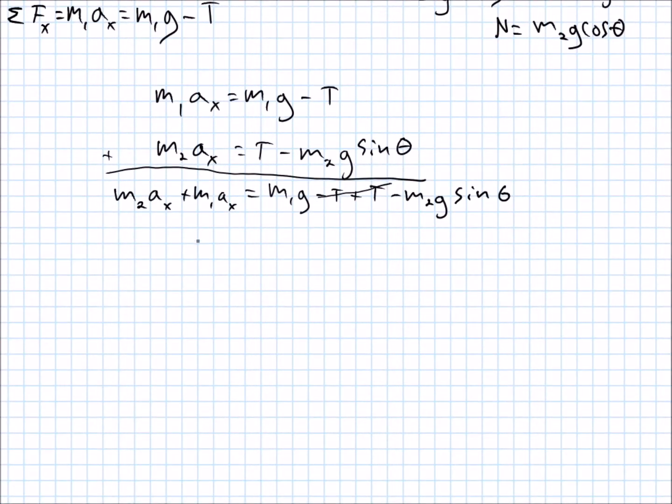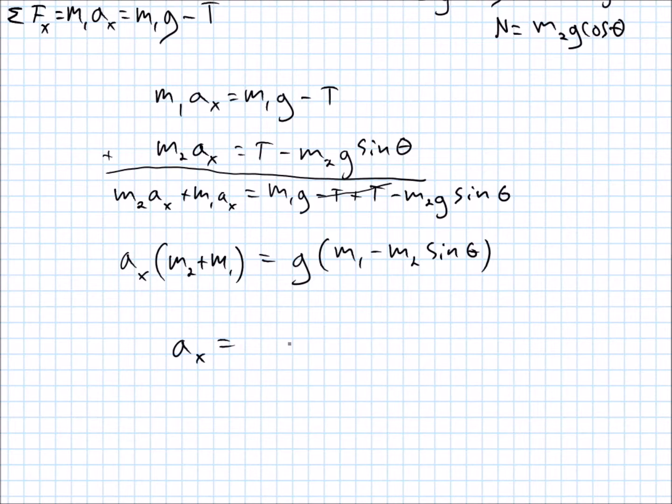And so to solve for acceleration, I will factor out the acceleration. And while I'm at it, I suppose I'll factor out the g on the other side. Dividing over that.